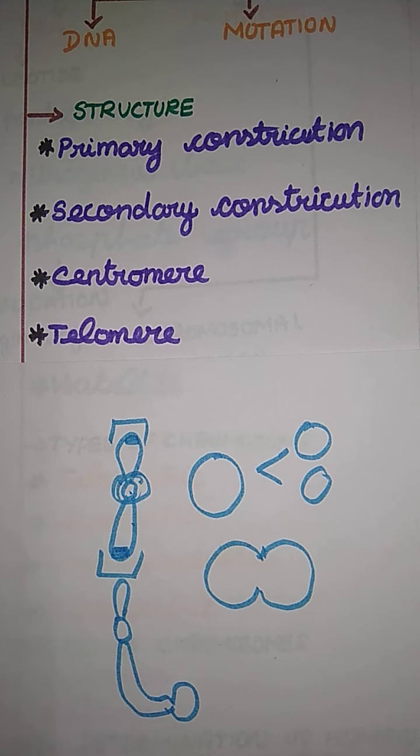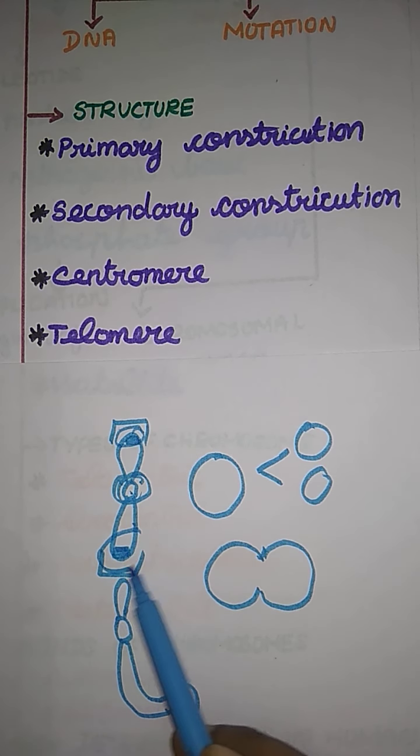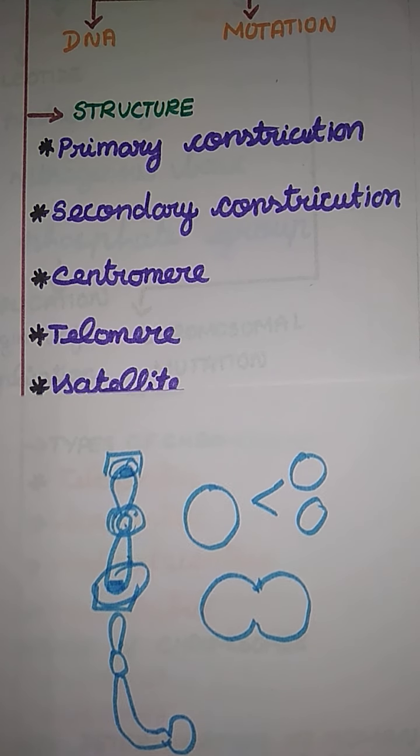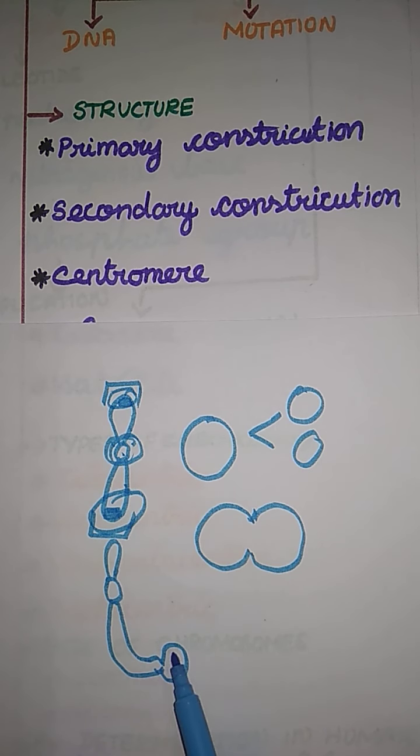Not only that, this part is also called the aging clock, as it prevents the aging of a cell. And next, satellite. In this chromosome, a secondary constriction is formed. At the end of a chromosome, a knob-like, swelling-like structure is formed. This part is called the satellite.